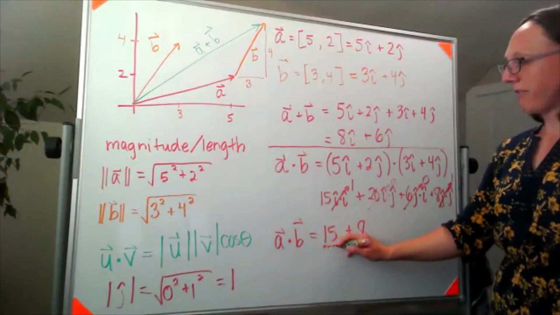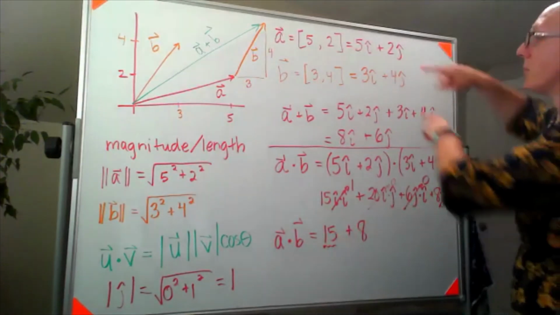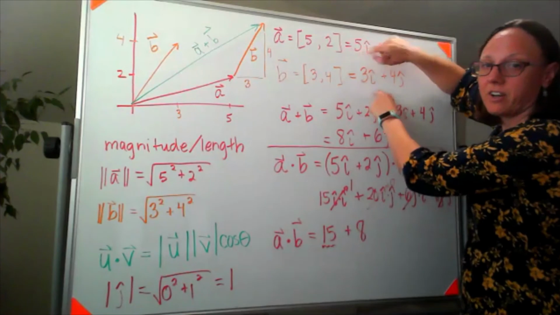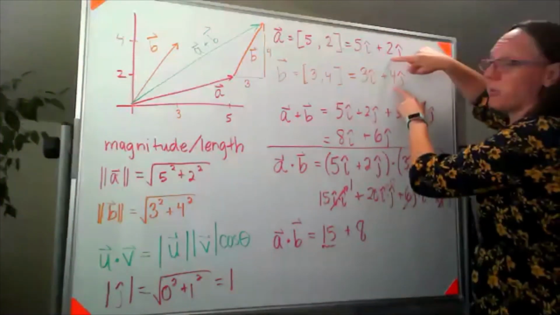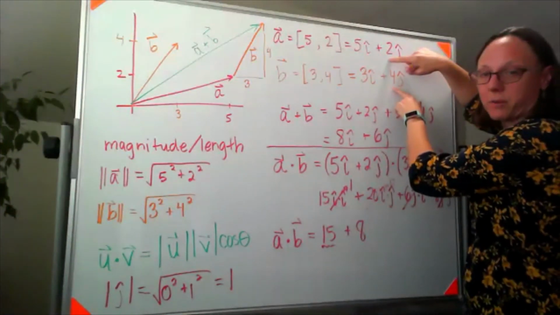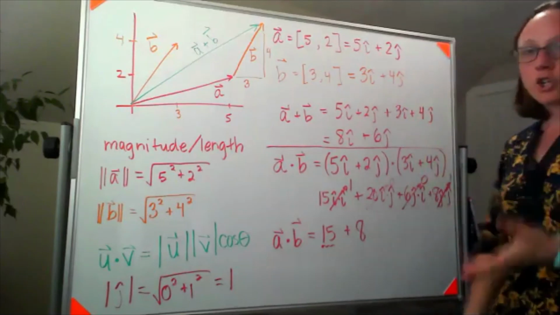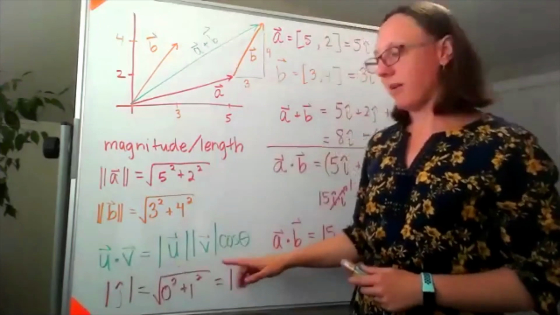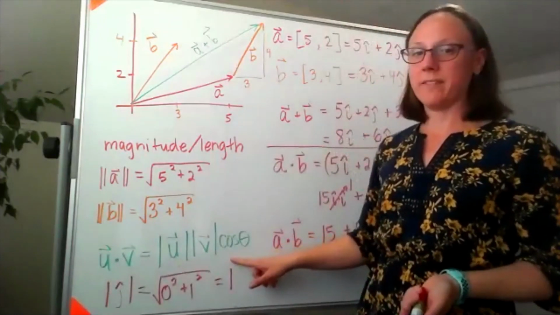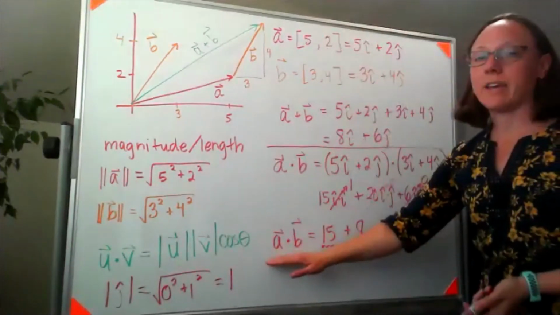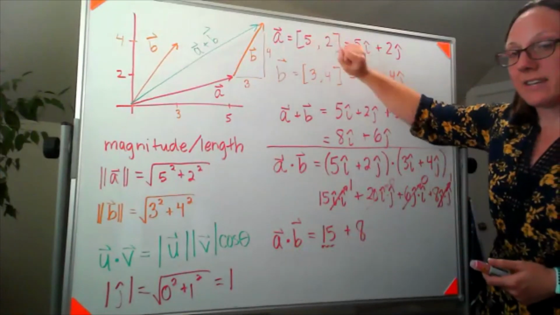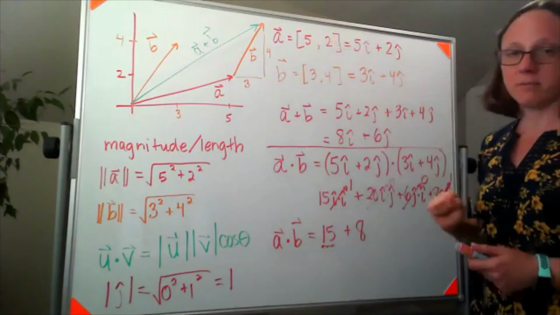And remember that 15 came from multiplying my two I component coefficients together, and that 8 came from multiplying my two j coefficient components together. So our shortcut for doing the dot product, we don't have to follow this formula. We often don't know the angle between them, but mechanically we calculate the dot product by doing the I components multiplied together plus our j components multiplied together.